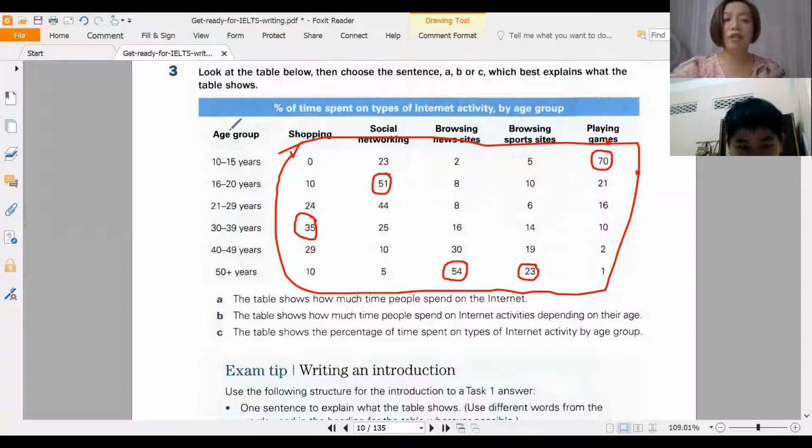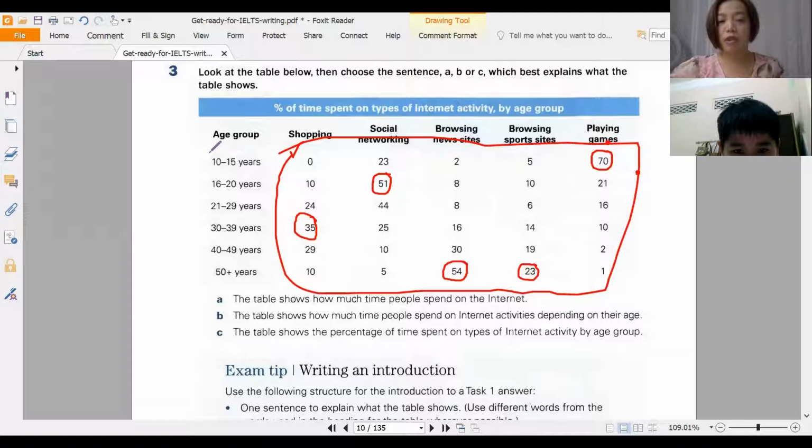So now please have a look at the age group. Can the number circled tell you something? So for the tables, if you want to analyze, you can do it vertically or horizontally. So I gotta compare them.